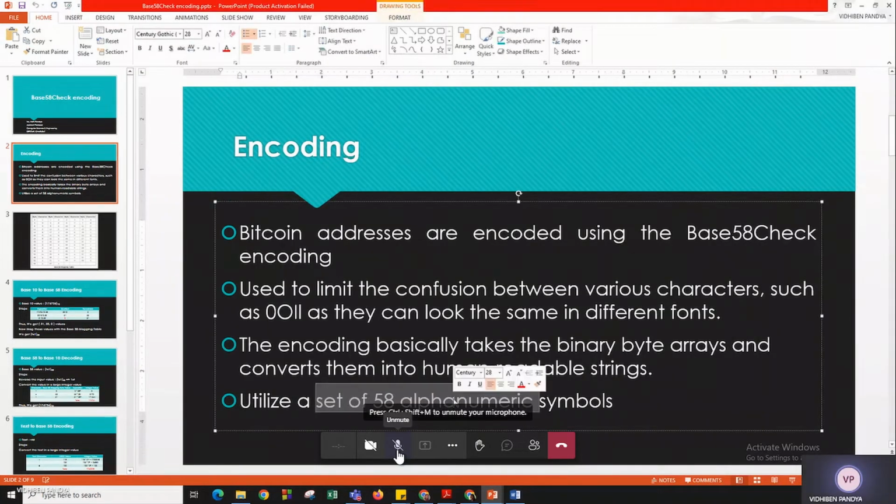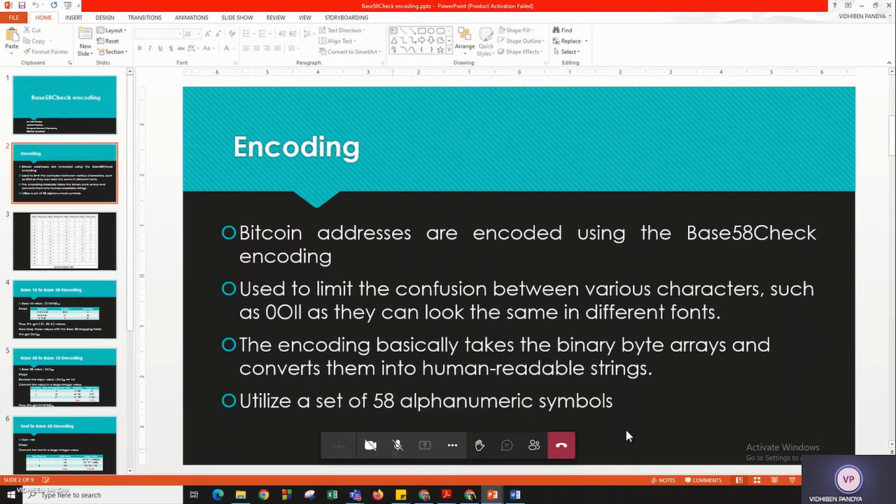That is why this encoding technique is known as base 58. Just as decimal is called base 10 because it uses 0 to 9, and binary is called base 2, 0 or 1, this has 58 alphanumeric symbols. That is why it is known as base 58. I hope you are understanding now.